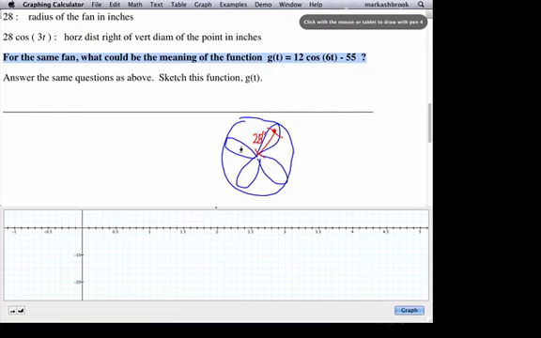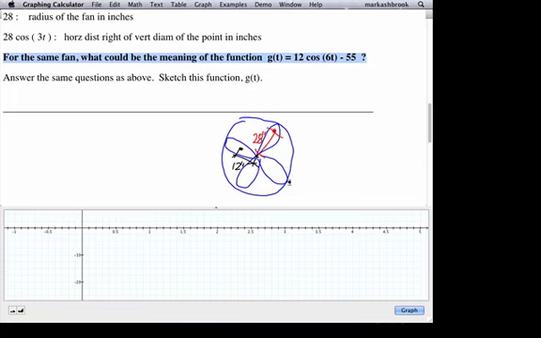Exactly, it's 12 inches away from the center. So now we're referencing another point that's closer in on the fan blade so that it's 12 inches away from the center rather than 28.